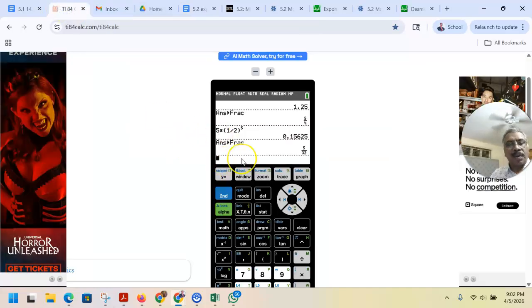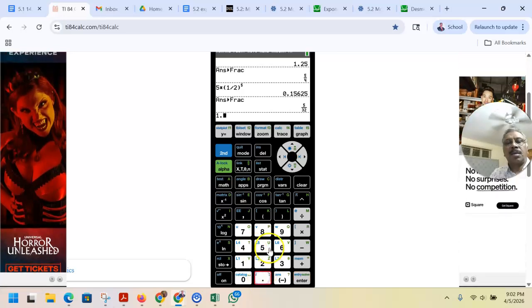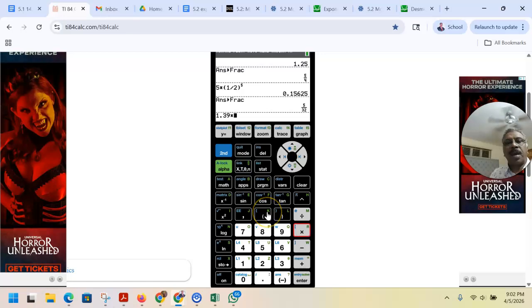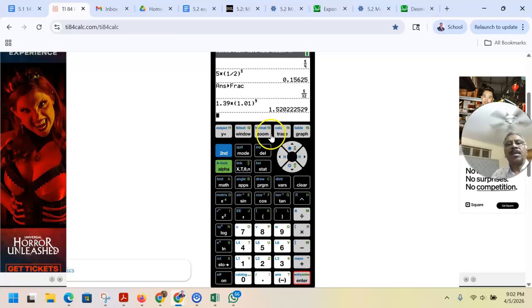Here we have 1.39 times, open the parenthesis, 1.01, close it, go up and put a 9, and you get the answer. Enter.